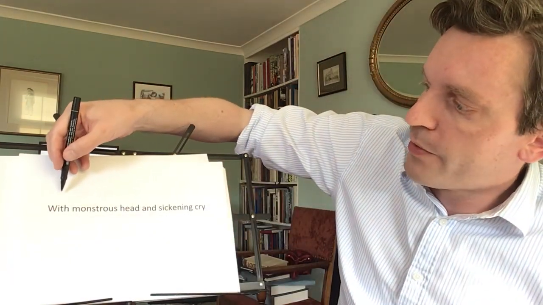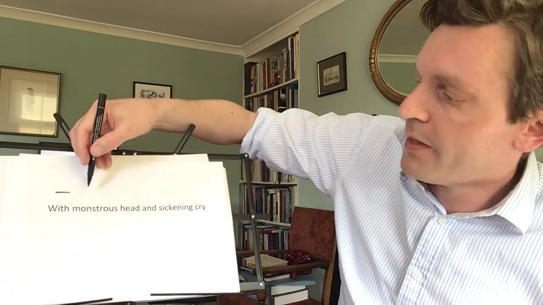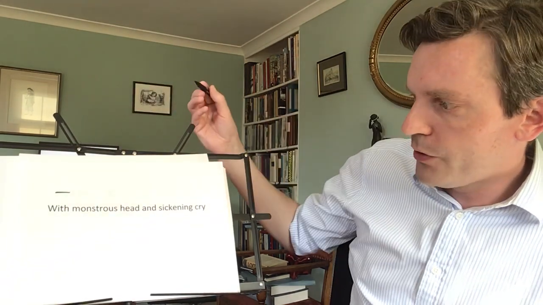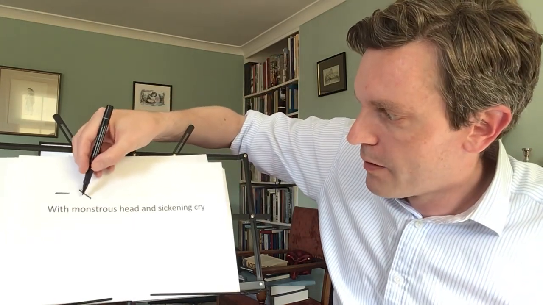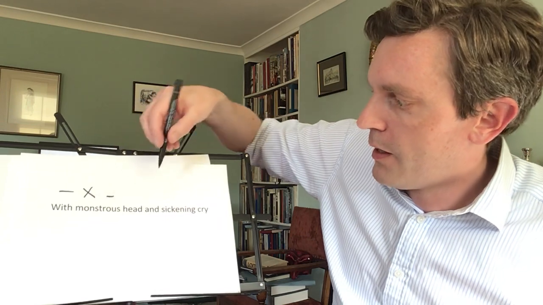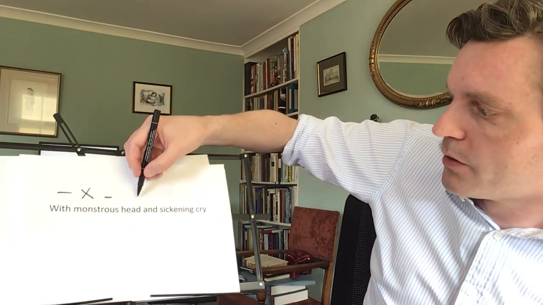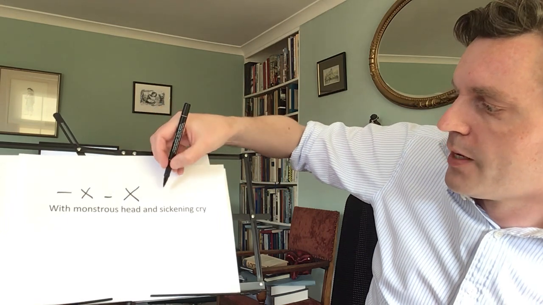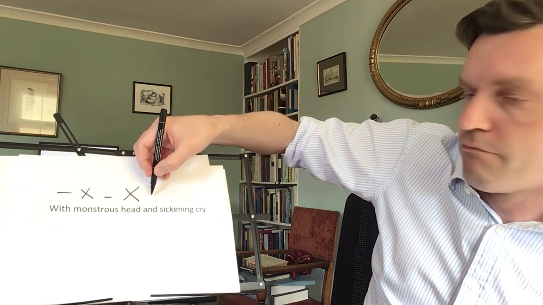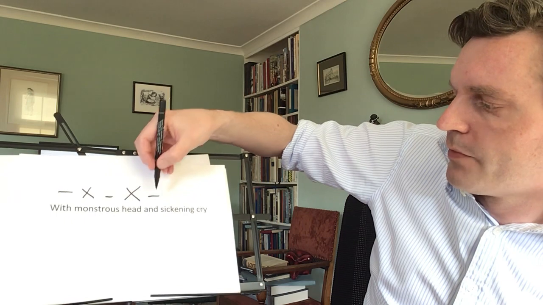But we have our with, little filler word, who cares. Monstrous. Is it monstrous or is it monstrous? I think it's monstrous. And then we have head, a noun, important word, so we're going to put some stress on that. And is a boring filler conjunction.